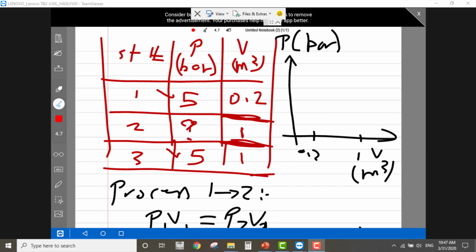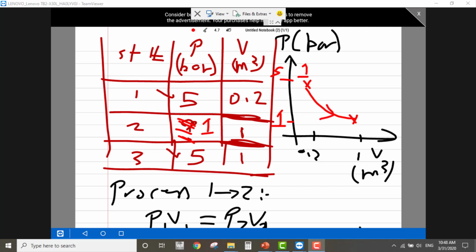So as expected, process 1 to 2 is expansion, and in expansion pressure will decrease. Here we have 5, this is P1, this is state 1. And this is expansion along the isothermal relation until we reach pressure 2, which is 1. So here is the direction of this process.